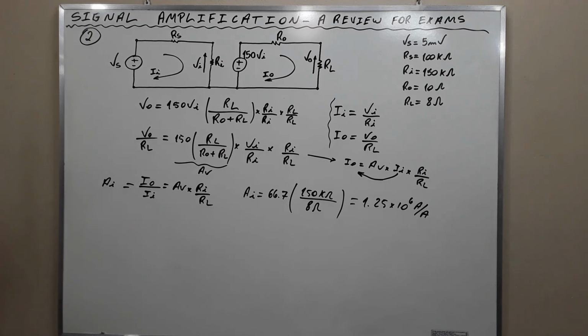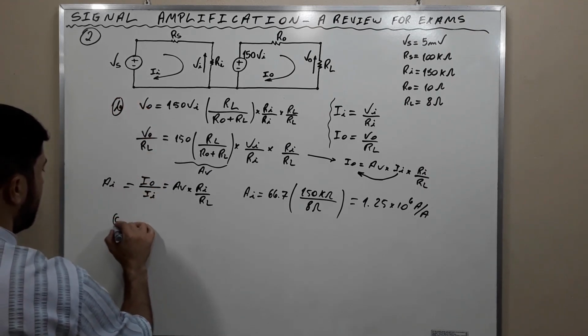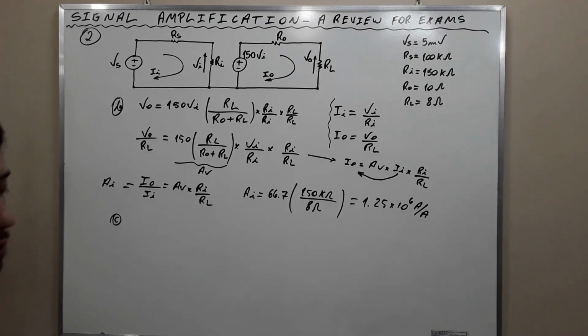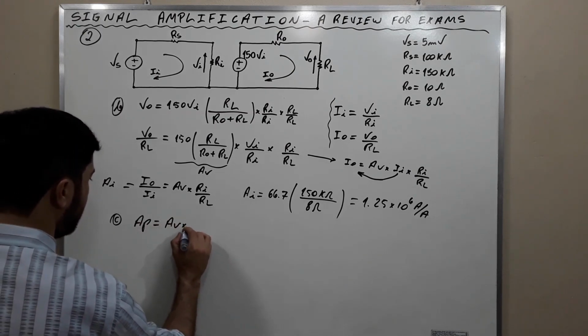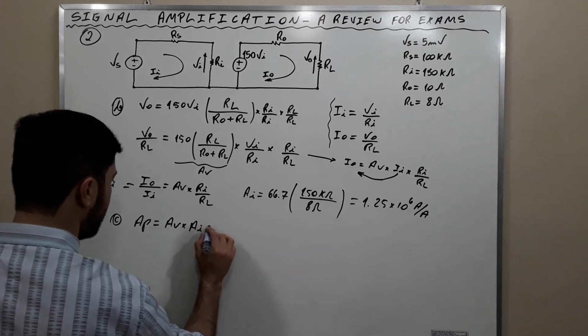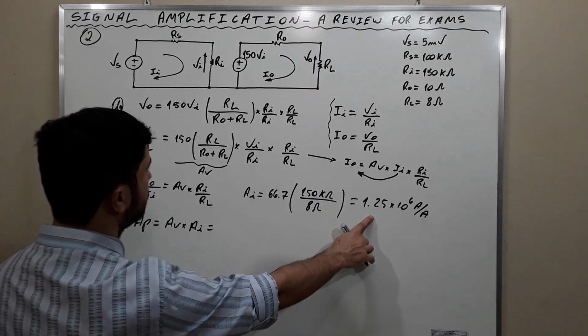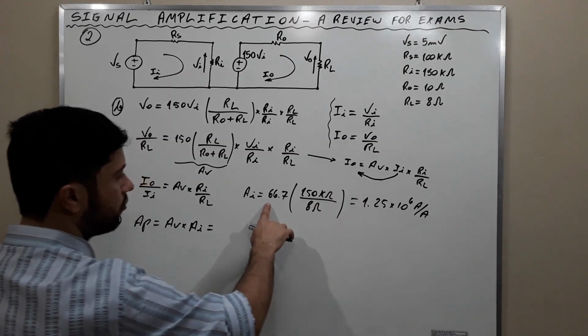And to finish, we're going to calculate the power gain. Letter C now. The power gain is computed by merely multiplying the current gain by the voltage gain. AP, the power gain, is AV times AI, which is, I multiply this by this.